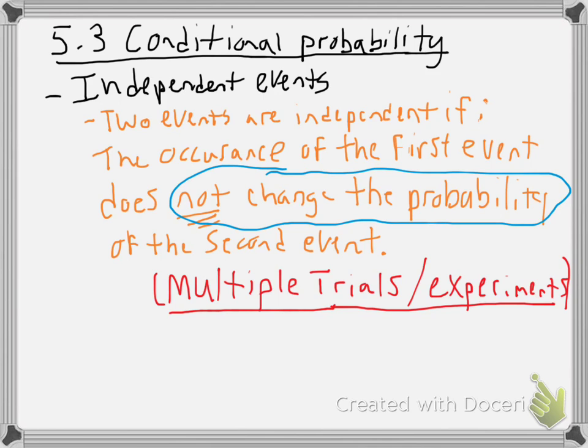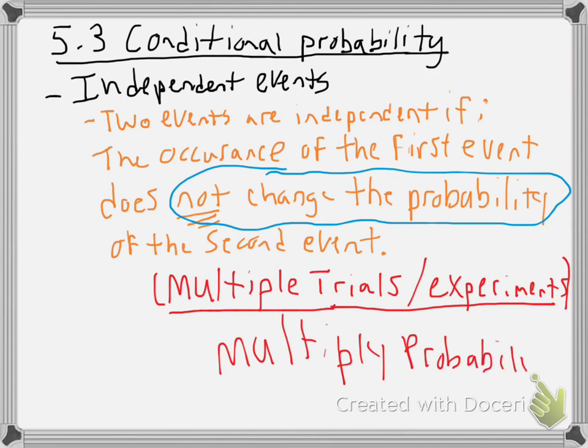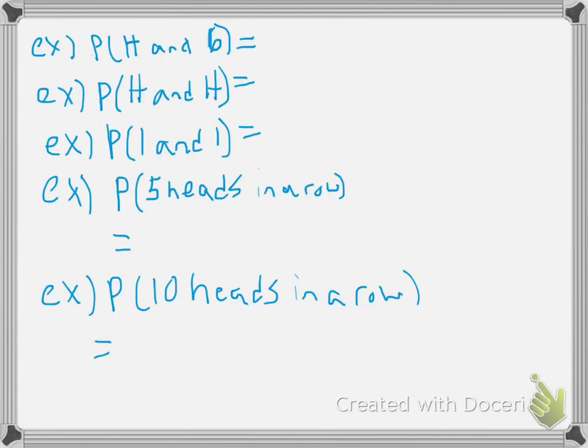And whenever we have multiple trials, we will want to multiply probabilities. Multiple trials multiply probabilities. This is a key idea. We're just going to take each individual event's probability and multiply them. So let's move on to the next page.